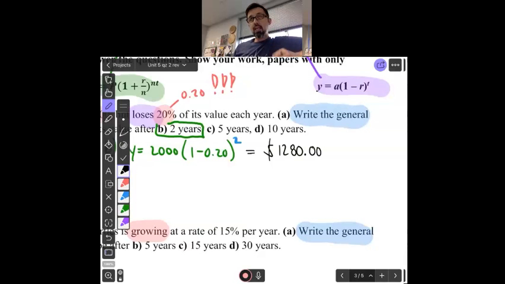So even though that came out to be an even number, that's how we would write it: $1,280 and 0 cents. Okay? So appropriate rounding and units. I'm expecting those to be there.